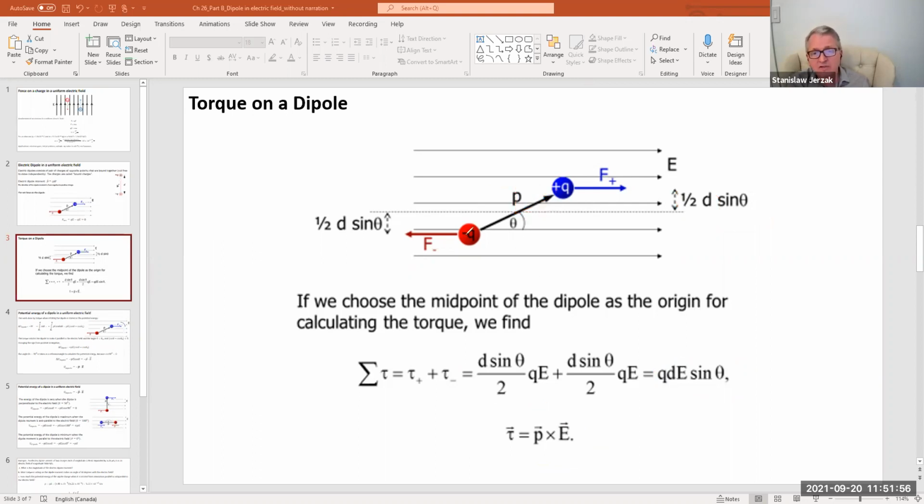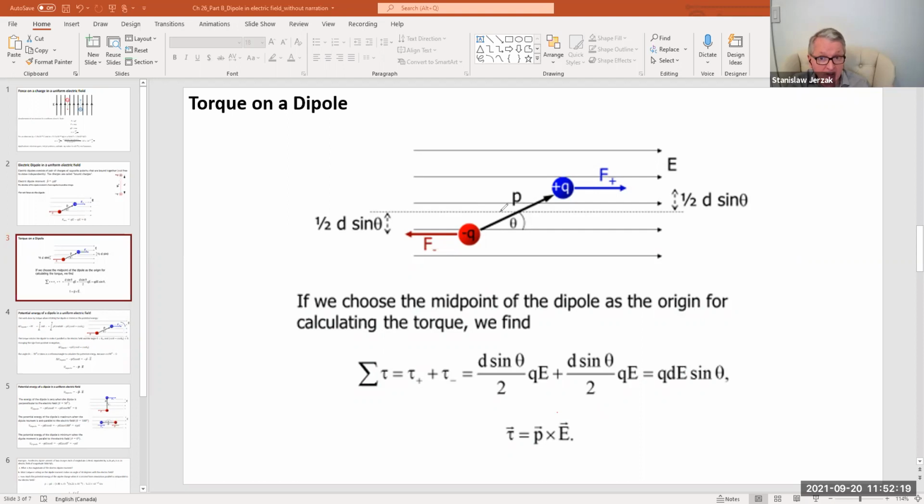So as you see, if the dipole makes a certain angle with the electric field, then the torque will try to rotate the dipole to make it parallel to the electric field. Because if the dipole is parallel to the electric field, then the angle between vector P and E is 0, and sine of 0 is 0.